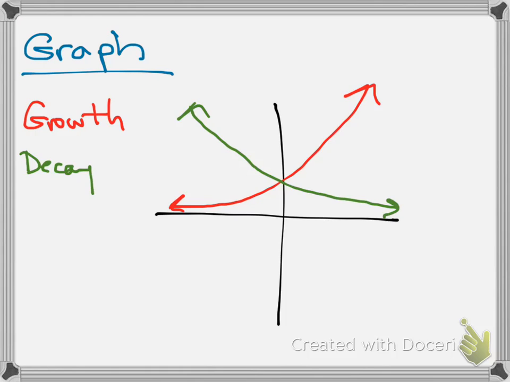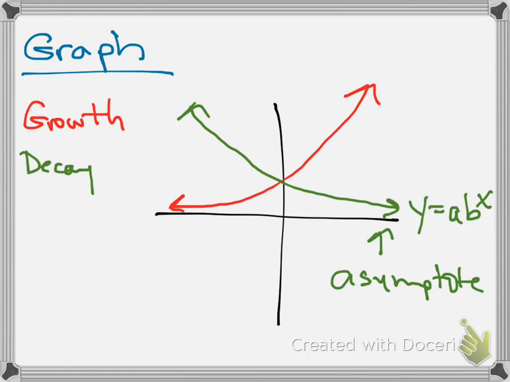So exponential decay, you can probably tell that this is just a reflection of exponential growth. Again, the form of our function is still y equals a times b to the x power, and we still have an asymptote. It's still our x-axis, but now instead of being a boundary for the left side of our function, the x-axis acts as a boundary for the right side of our function.